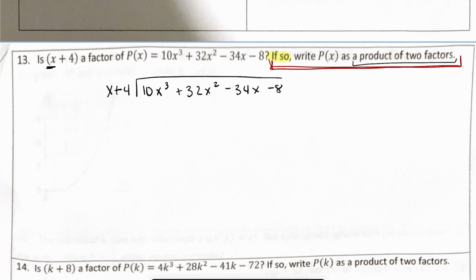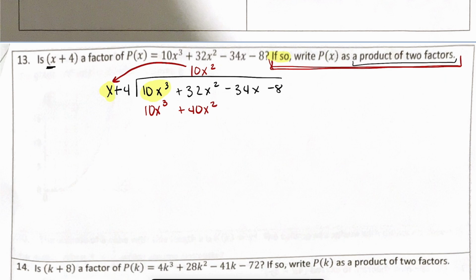So we have to figure out how to cancel the first term each time using our first term in our divisor. So x times what is 10x cubed? We know it as 10x squared. So we multiply it to the first one. 10x squared times x is 10x cubed. 10 times 4 is positive 40x squared.